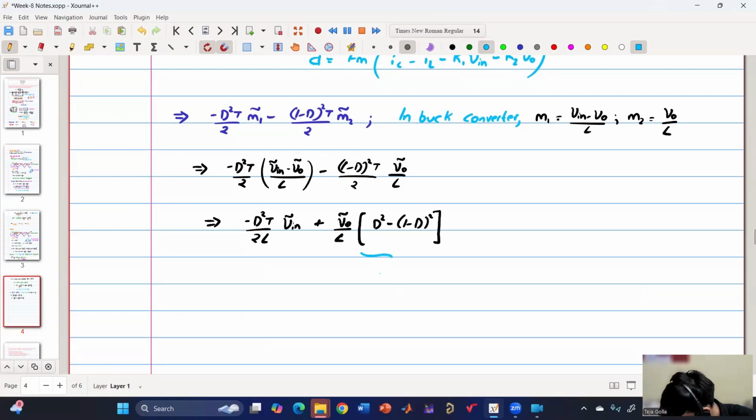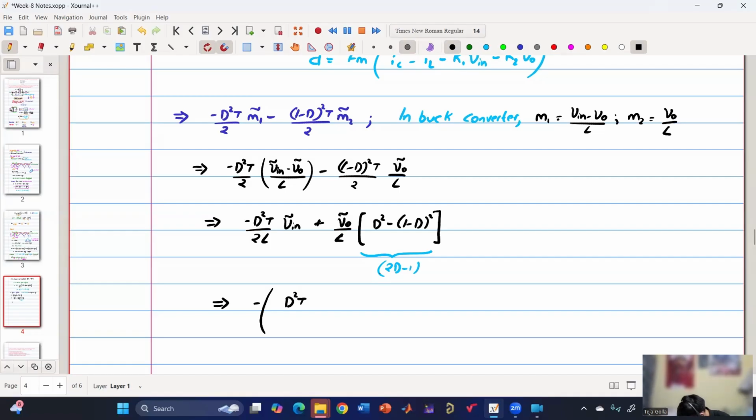So if I rewrite it in a different way, then I'll get minus of d square t by 2l into v in perturb plus 1 minus 2d into v naught perturb. So this will be my k1, this will be my k2.